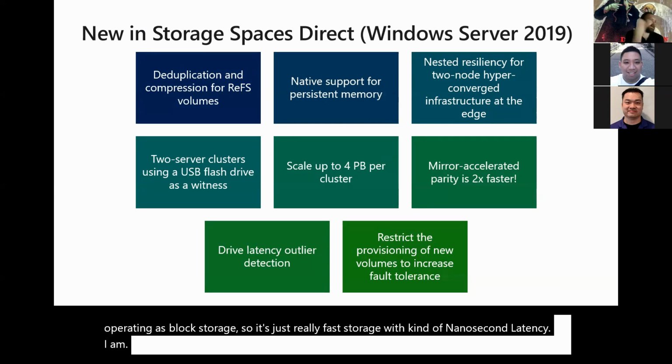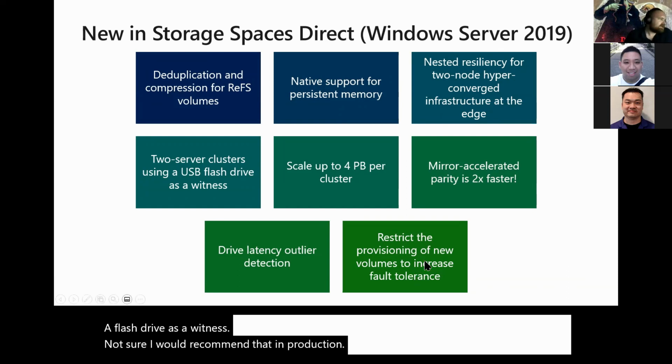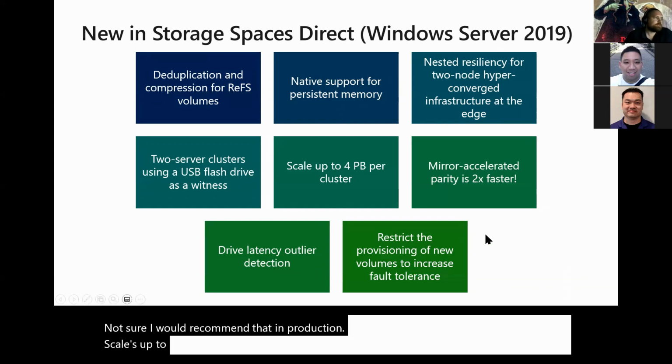We've got nested resiliency. You can set up clusters with a flash drive as a witness. Not sure I would recommend that in production. Scales up to four petabytes per customer.